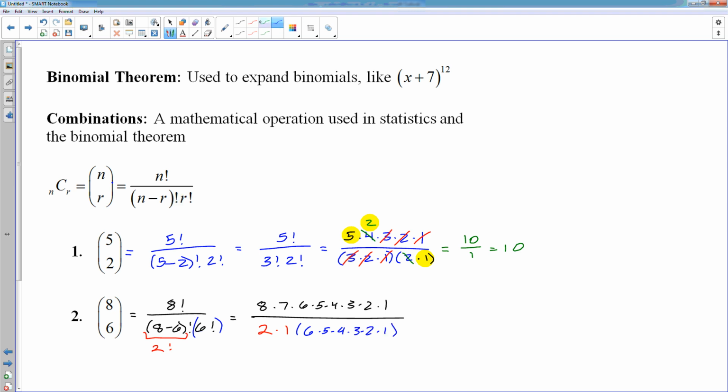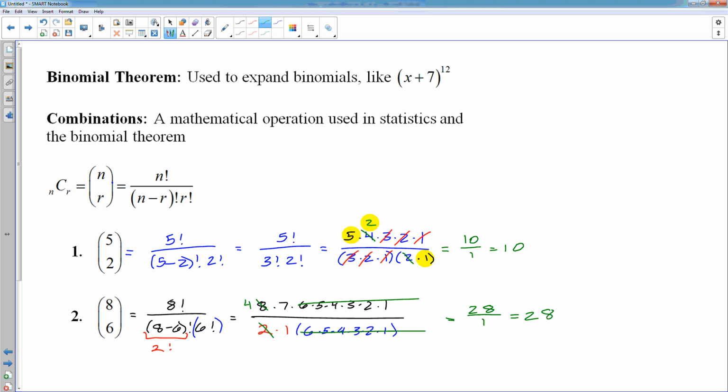And then we start canceling. All of these are going to cancel all of those. 6 factorials will cancel. 2 goes into 8 4 times. And I'm left with 4 times 7. That's supposed to be an 8. 4 times 7 is 28 over 1. And you get 28.